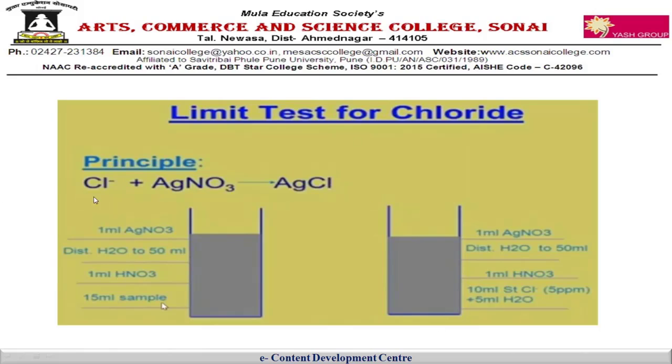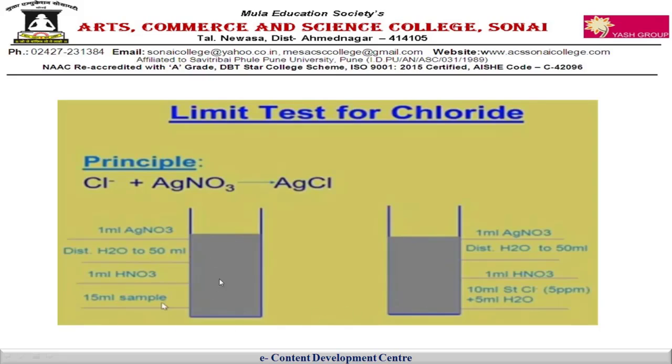Here Cl-, this is the soluble chloride. It reacts with AgNO3. It forms a silver chloride precipitate. Here a 15 ml sample is taken, and then here 10 ml of standard chloride, add 5 ml of water.